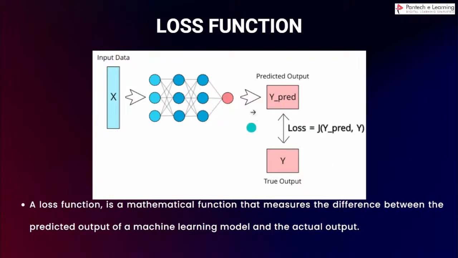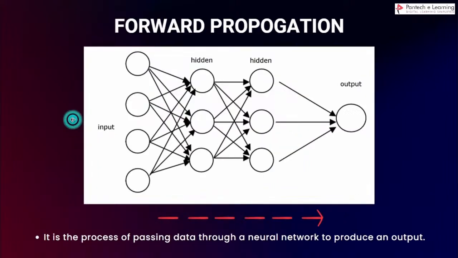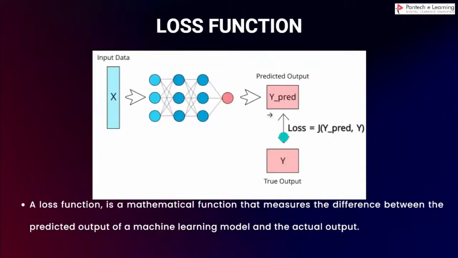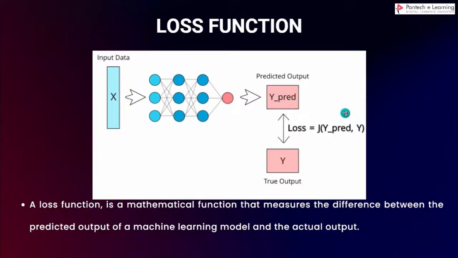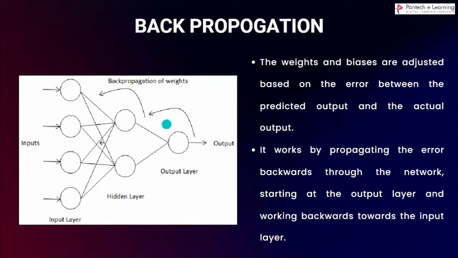So this is where the neural network is going to be a king compared with machine learning. What this neural network will do is, every time a forward propagation happens, the output will be given, right? Once you get the output, it will compare with the original output, and if there is any loss, it will go for back propagation. So here comes the other term, which is called back propagation.